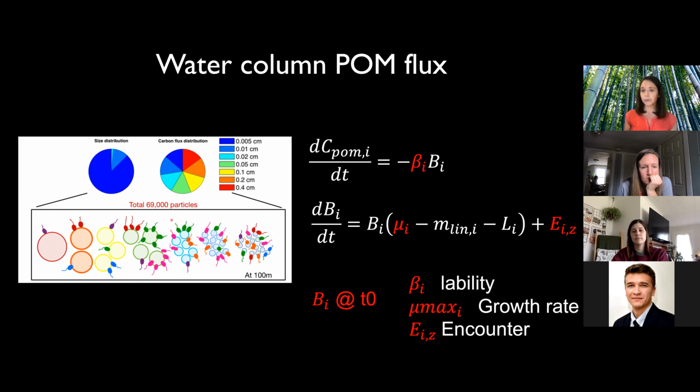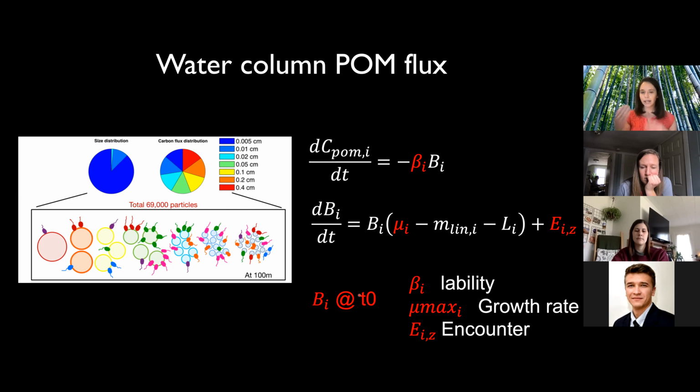And then similar to what we did for the DOM model, we stochastically assign the properties of each of the particles. So for each of the particle size classes, we have a number of particles in that size class. We stochastically assign the beta value, which is related to lability, how fast it's degraded, the growth rate of the community that's going to be degrading it, what the encounter will be as it falls through the water column, and the initial biomass.